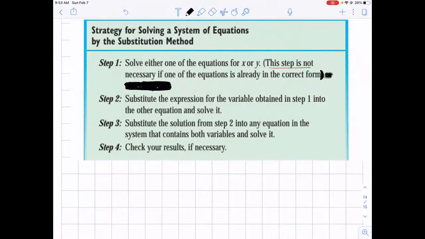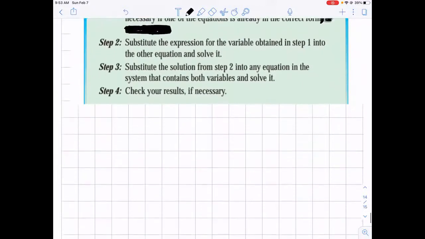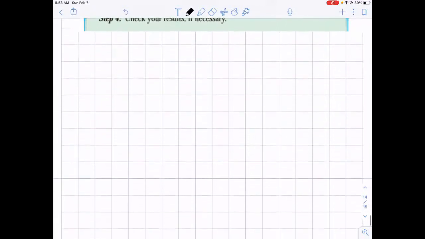And then we substitute the expression and so forth. So these are some guidance or some strategies to solve. So let's look at one more example. Example: solve by substitution.